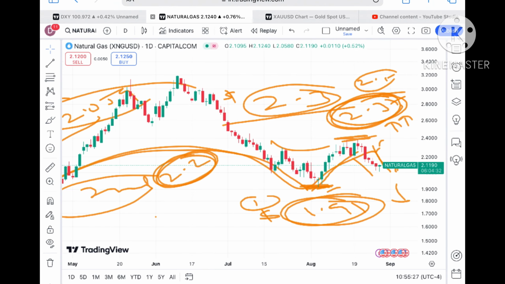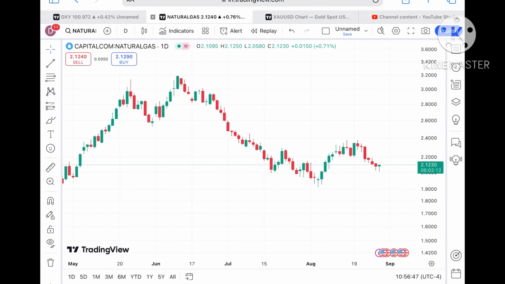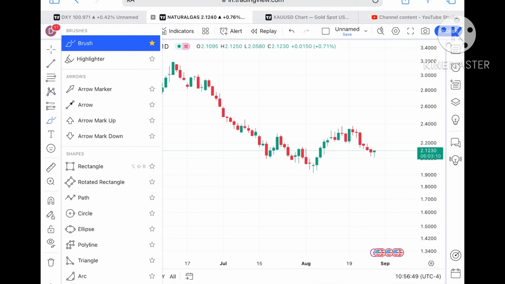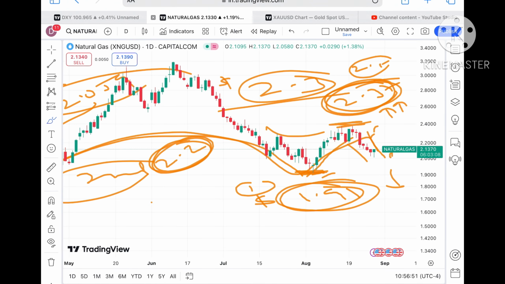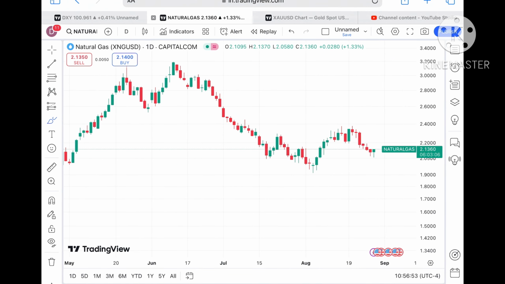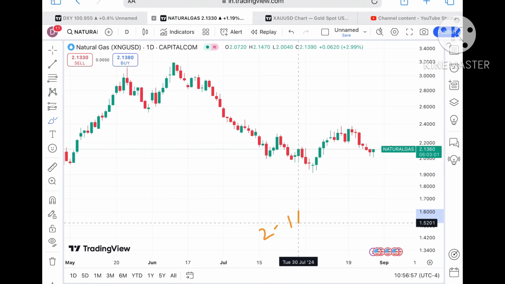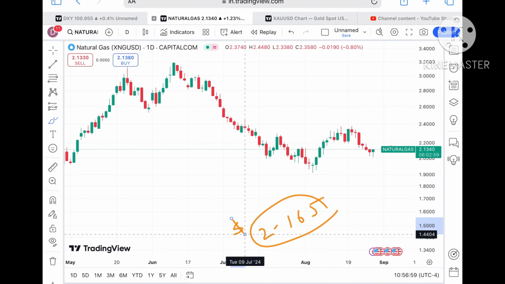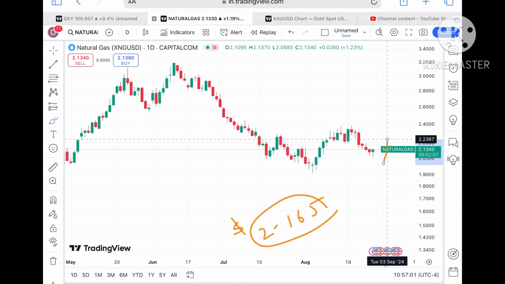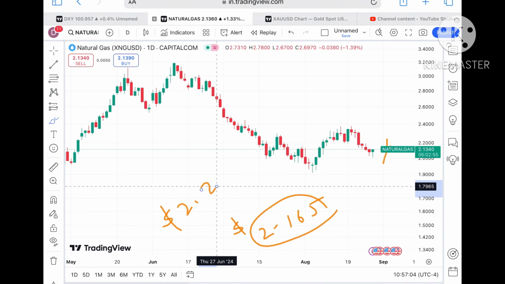Now coming back to the natural gas price, suppose the price sustains this level. The probability is less, but I have to explain because the market is uncertain. If the price sustains this level, we can see it go towards $2.165, and if the price moves above that level, it can go towards $2.23.